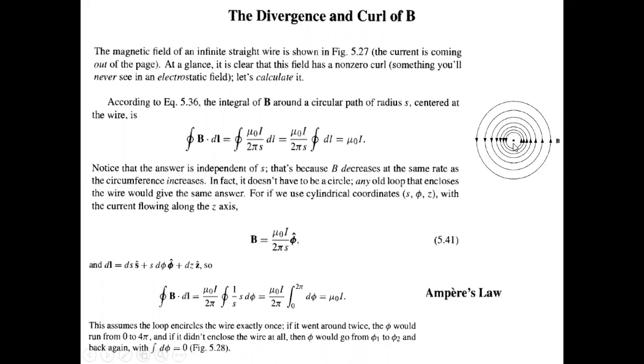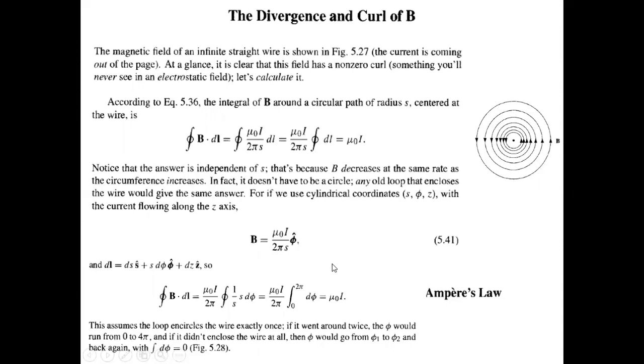If you take a line integration of B across any of these circles, then from the Biot-Savart law, you get this expression for B. This is the field at a distance s. If we do a line integration of this, the circumference is 2 pi s. So eventually you get this result.